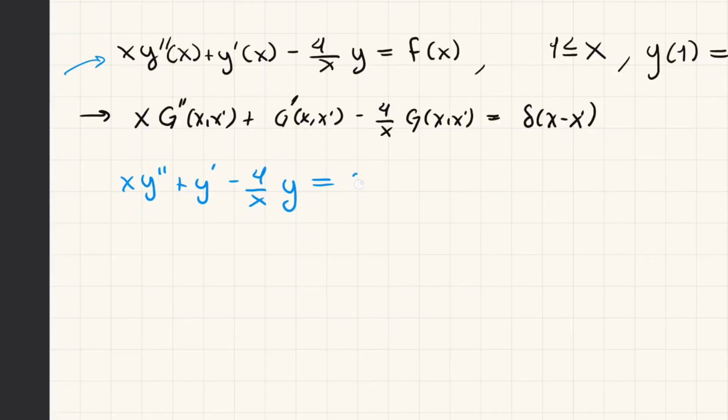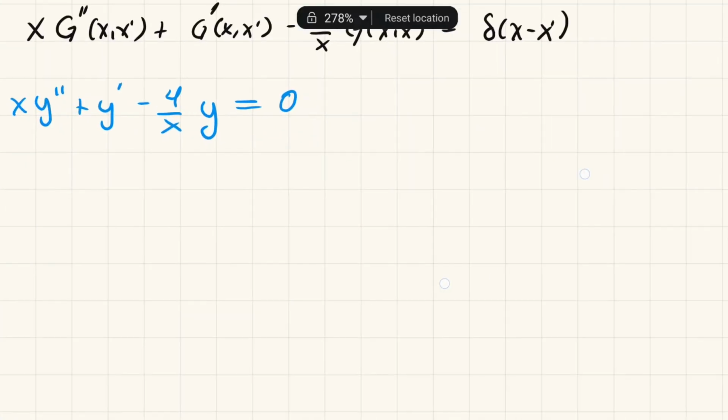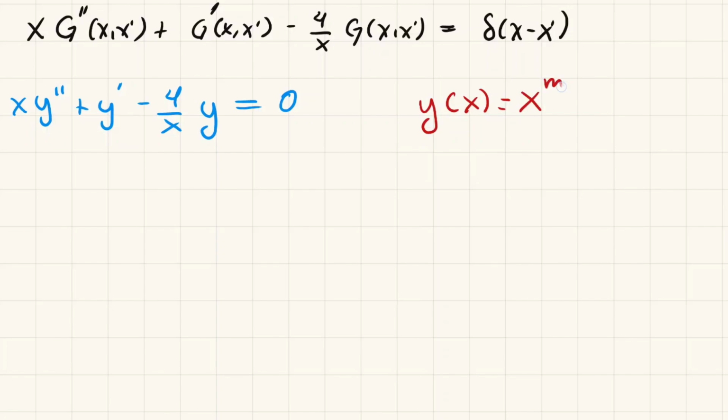We easily identify that this is an Euler differential equation. You know that Euler equations, from your basic course in differential equations, can be solved if you propose a solution of the form y of x equals x to the m.